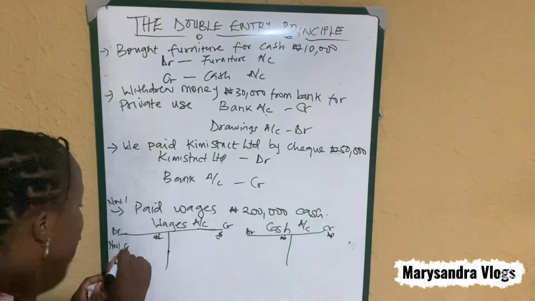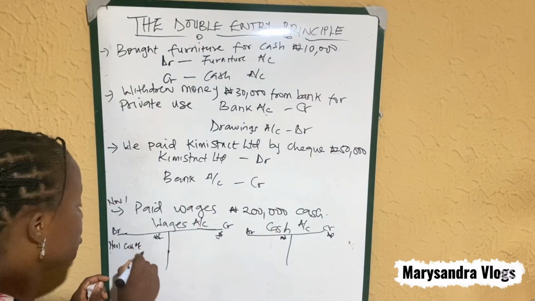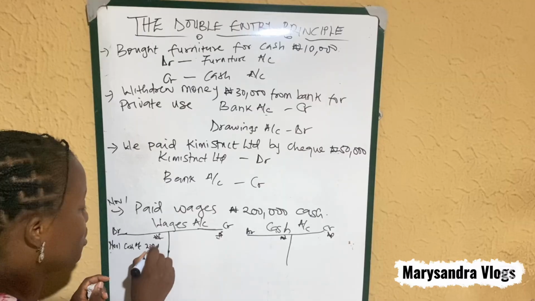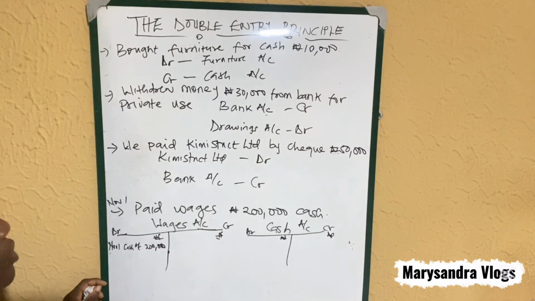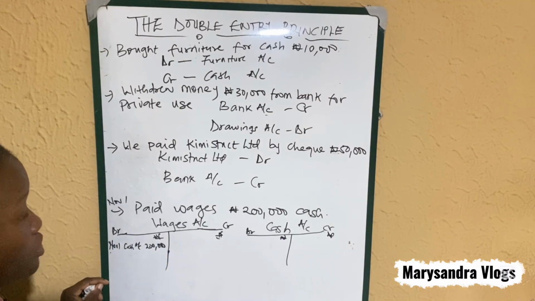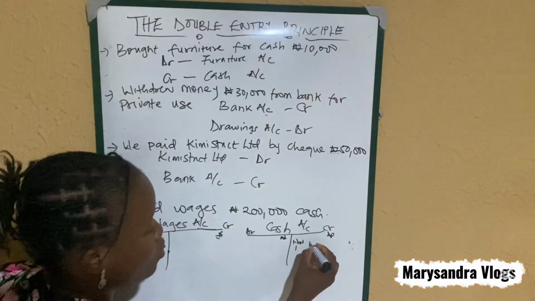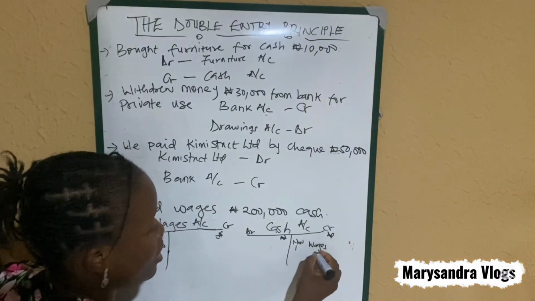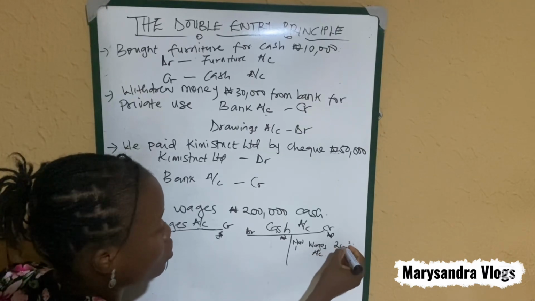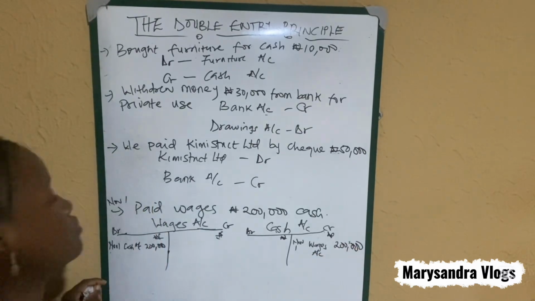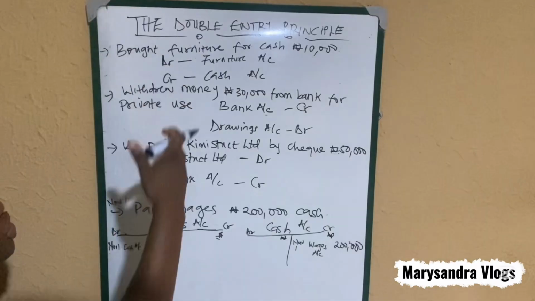We write cash account 200,000. Then cash is given out. So come here, November 1, wages account 200,000. So you can just illustrate these other examples.